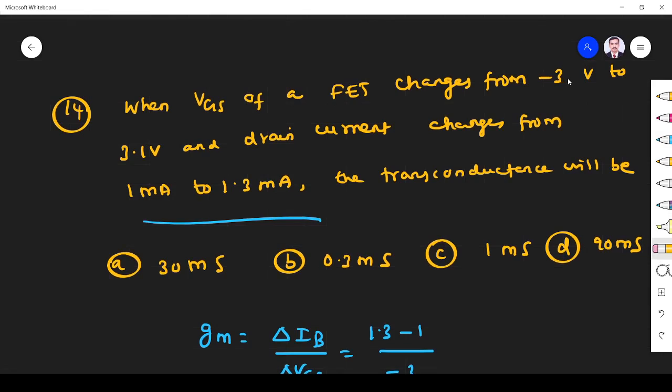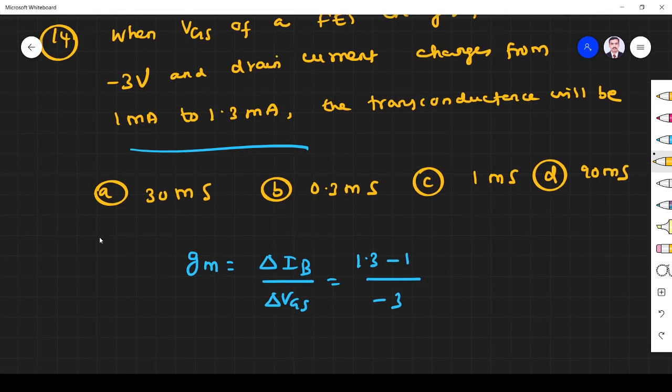Okay. So it is minus 3 to minus 3.1. I change the question, it is minus 3 volt, changing from minus 3 to minus 3.1, fine.